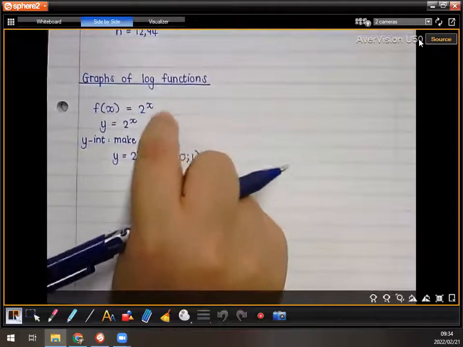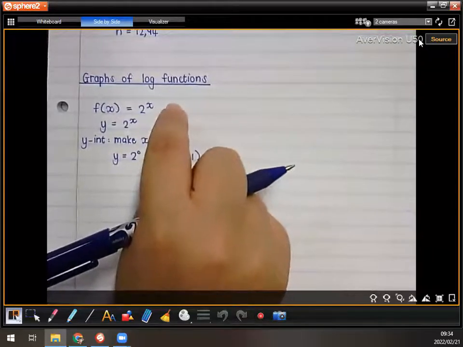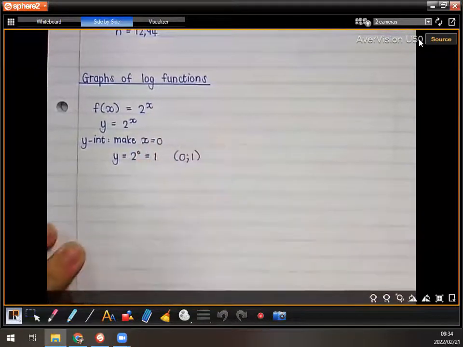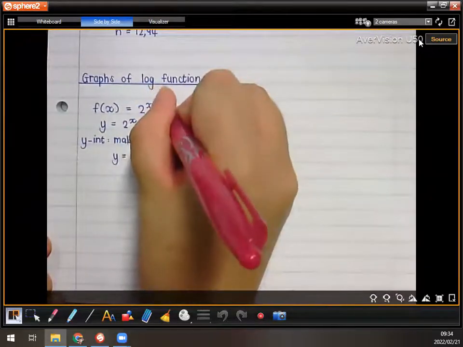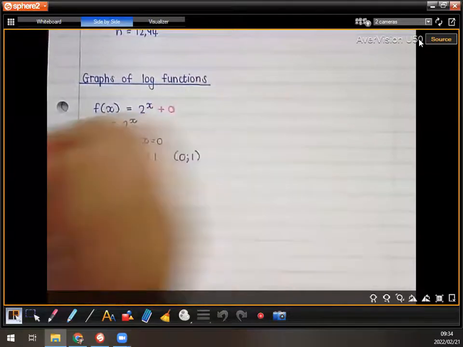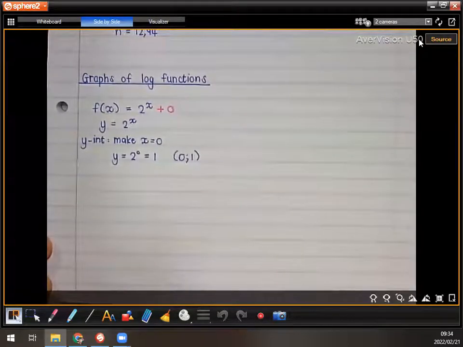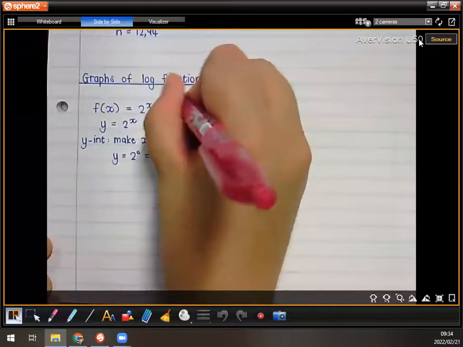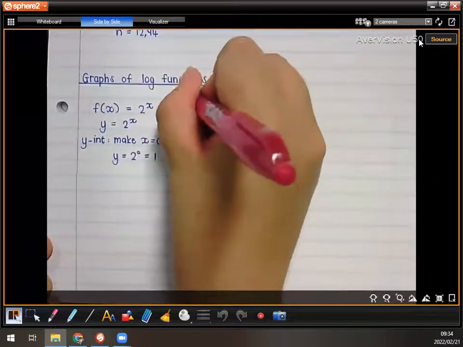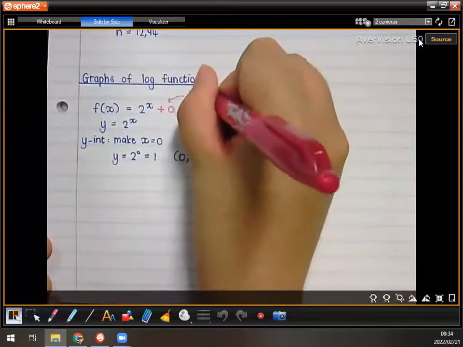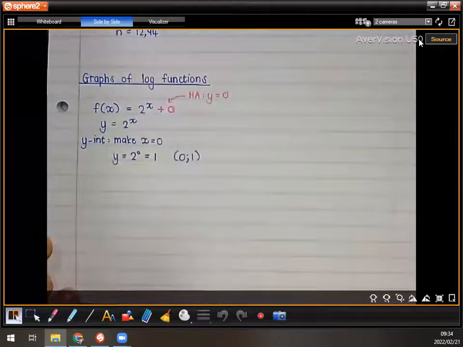And that plus q is actually your horizontal asymptote. Let's use a different color and show that there's a plus 0 there. If there's no q value, the q value is actually 0. And this means that we have a horizontal asymptote at y equals 0.